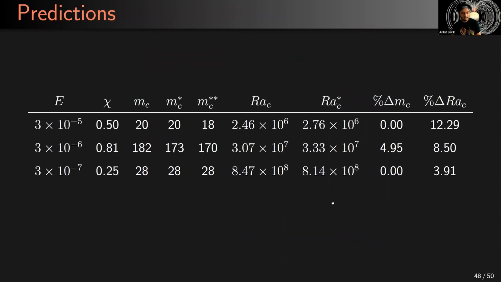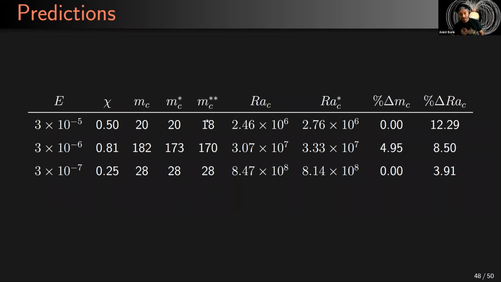So this table gives test predictions for values that are not in the database. We obtain the critical wave number by actual eigenvalue computations. And then the single star is the one we obtain through just straight interpolation.